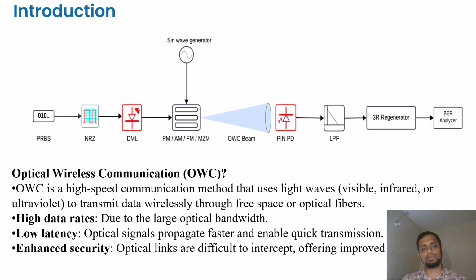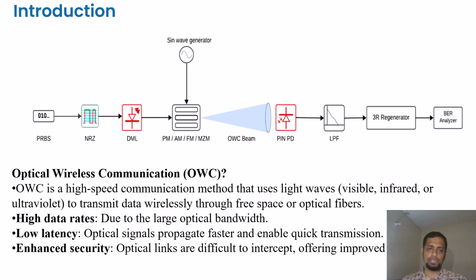Optical wireless communication is a high speed communication system that uses light signals or light waves. This light signal can be visible light, infrared light or ultraviolet. We use this light signal to transmit high bandwidth, and we want to transmit a lot of data within free space optics or optical fiber.